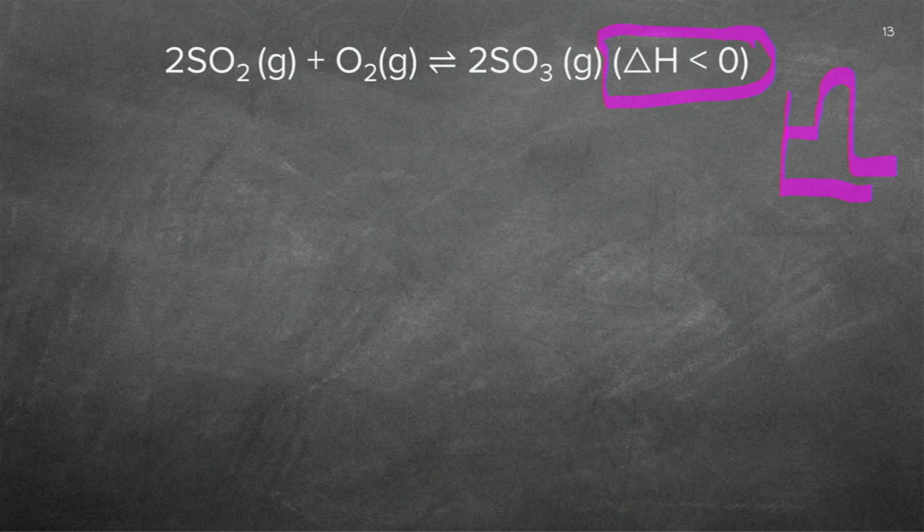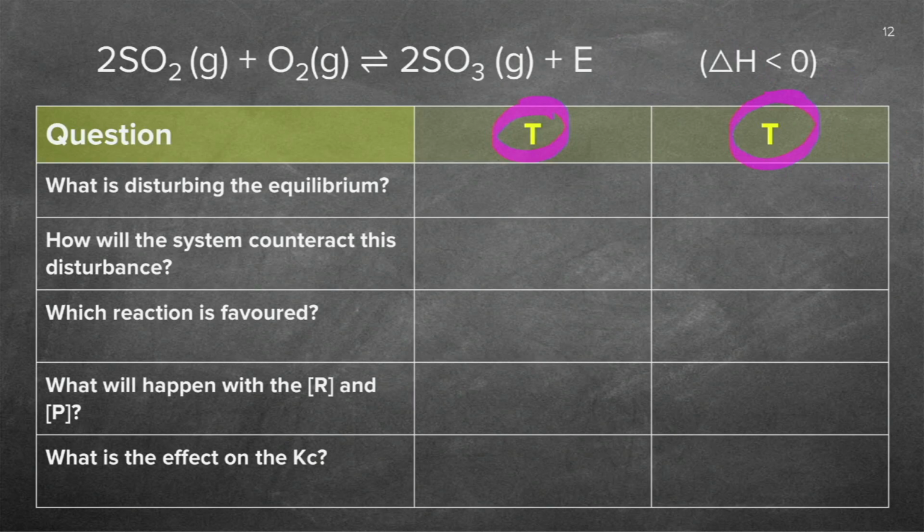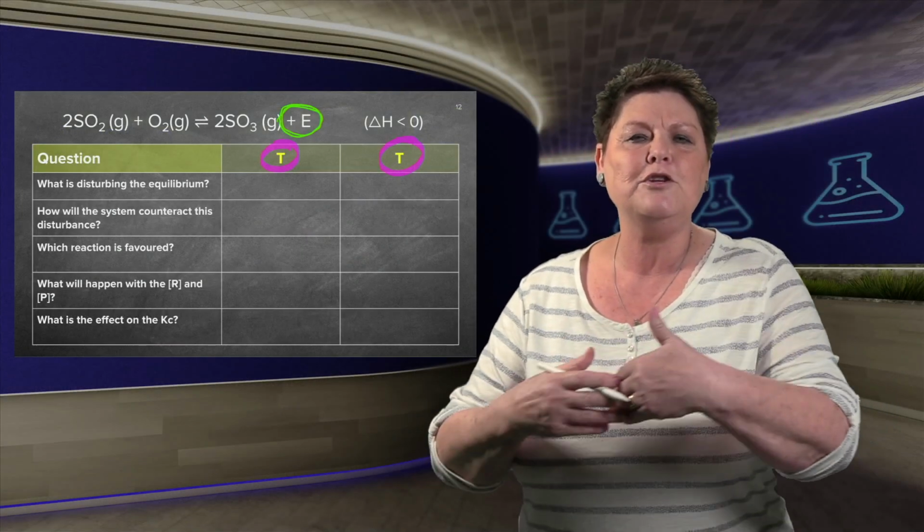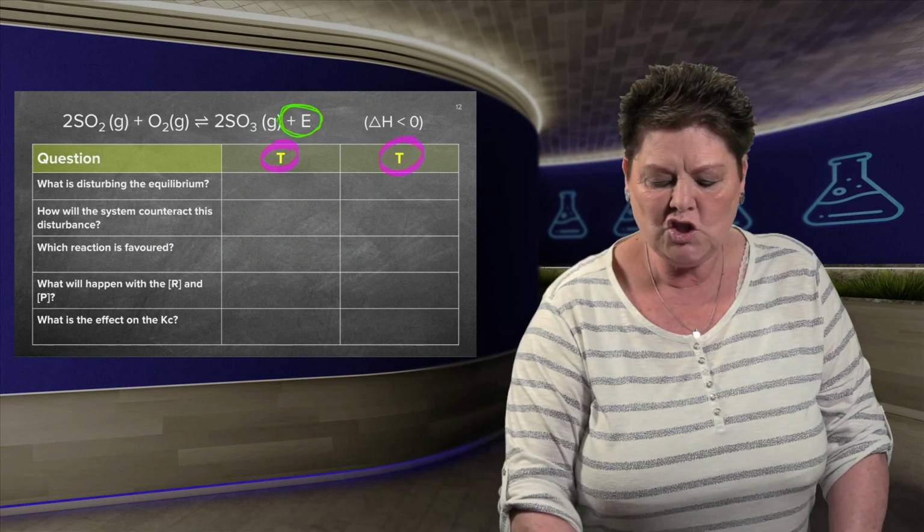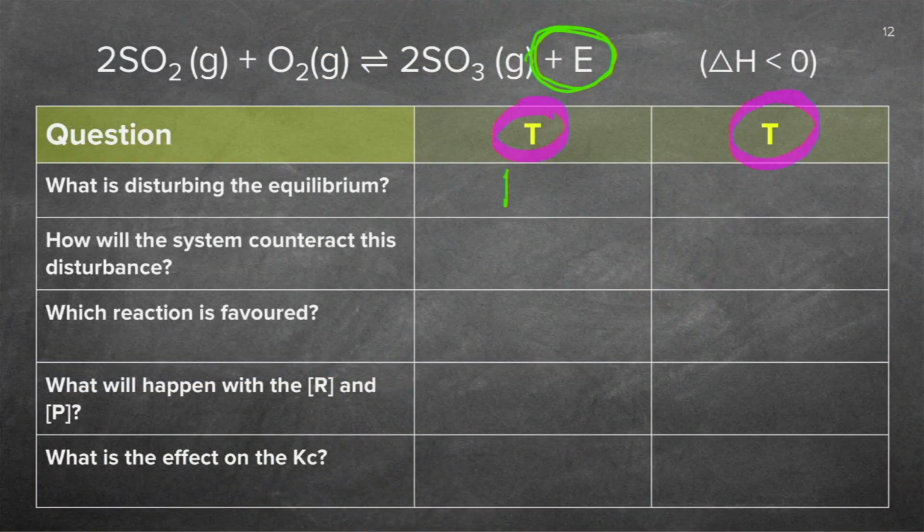That will indicate to you that it's negative, it's lower, therefore it is exothermic. And if we then go back to our reaction, it's exothermic, so I'm writing the energy with the products. It's actually producing energy.